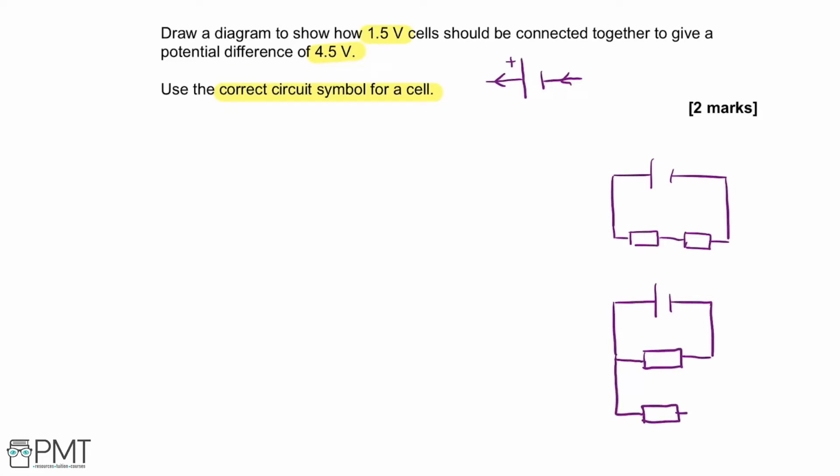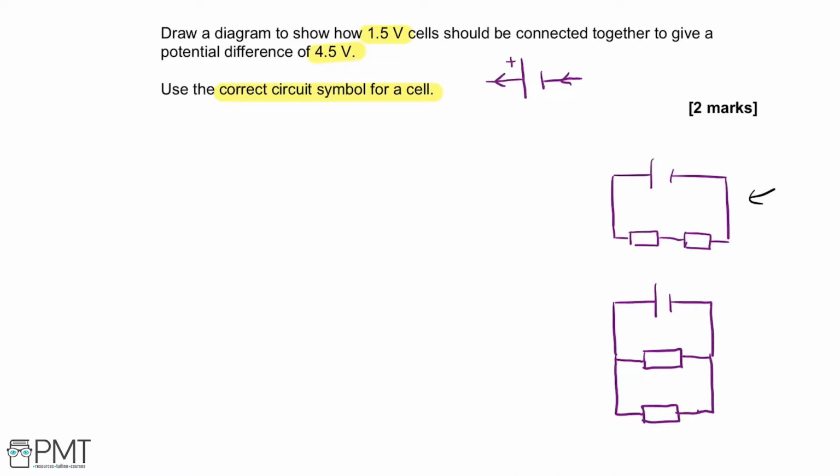And just another recap, if components are in series, then they will look like this. So we might have a cell here, and then if we had two resistors in series, they would look like this.